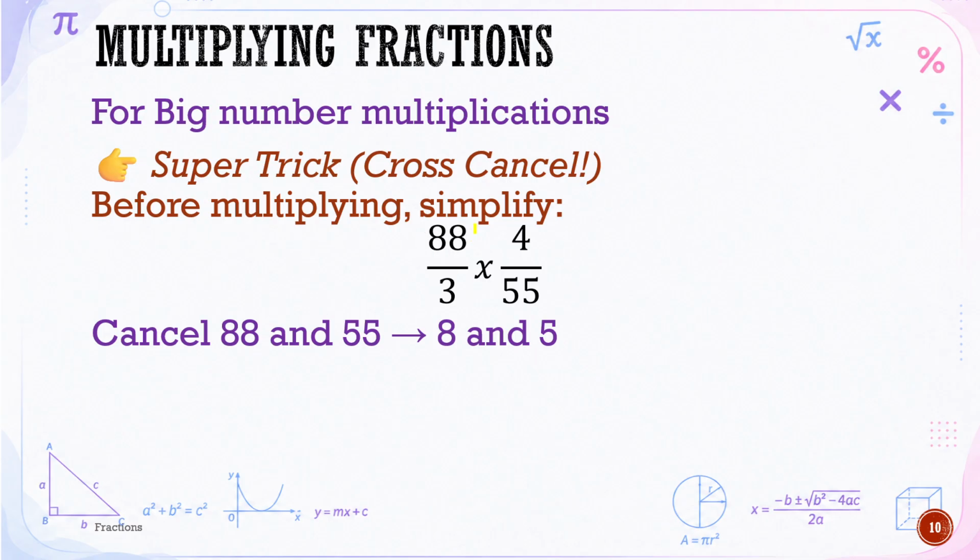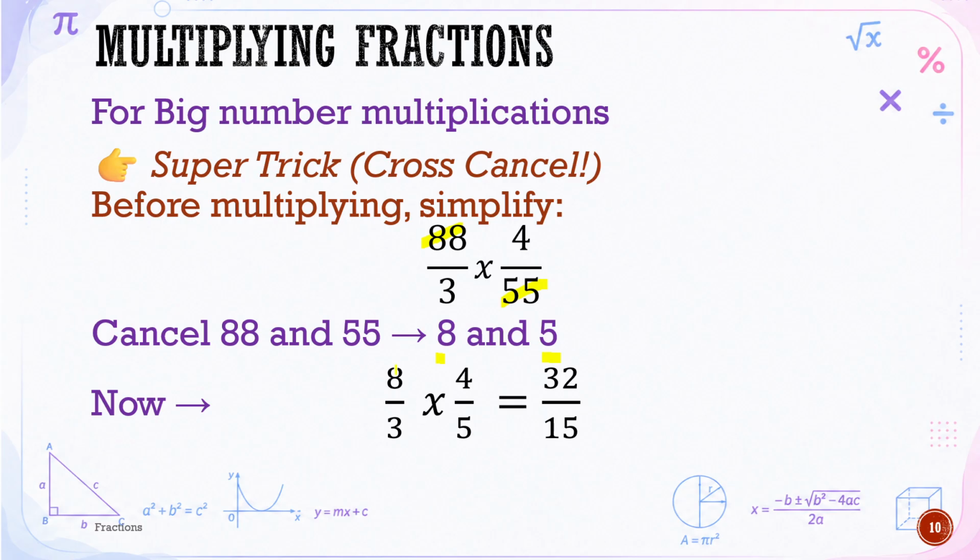So 88 divided by 11 gives 8, and I'm going to divide 55 by 11, that gives me 5. So I'm going to cross cancel 88 and 55 as 8 and 5, because I'm making them smaller by dividing them with a common factor. So now this gives me 8 by 3 multiplied by 4 by 5.